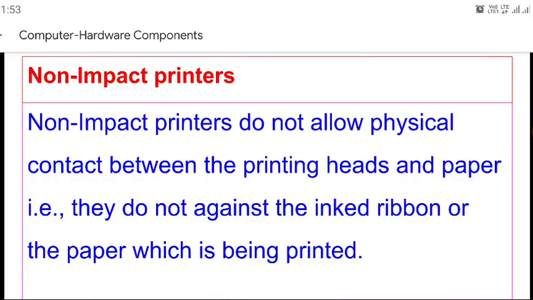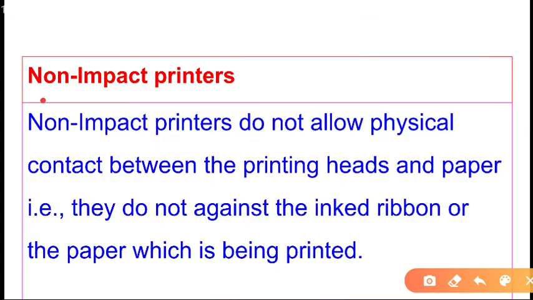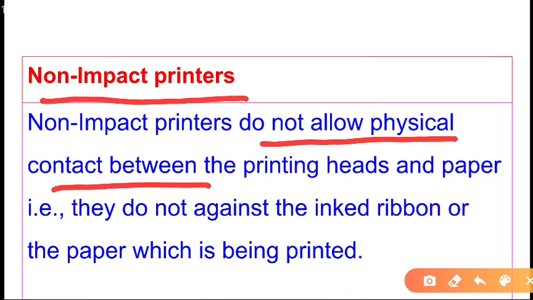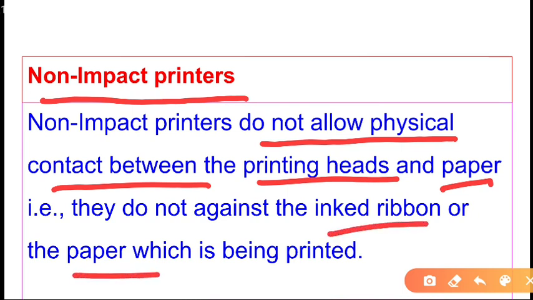Then the second type of printers are called the non-impact printers. The non-impact printers do not allow physical contact between the printing head and the paper. That is, they do not strike against the ink ribbon or the paper on which it is being printed.